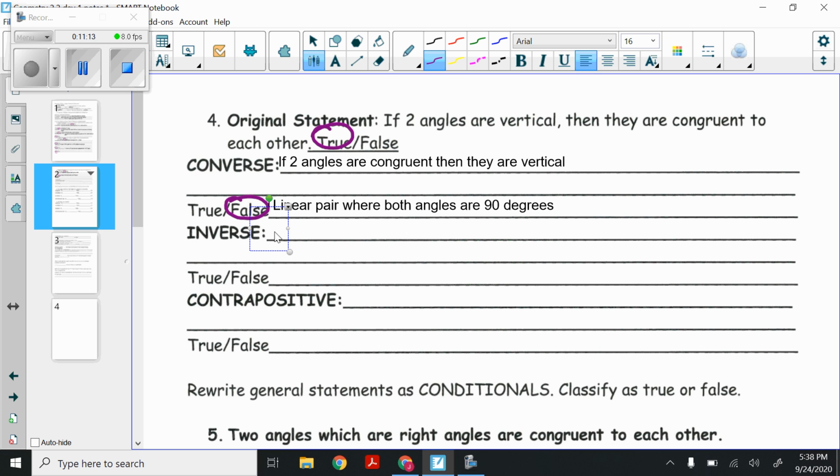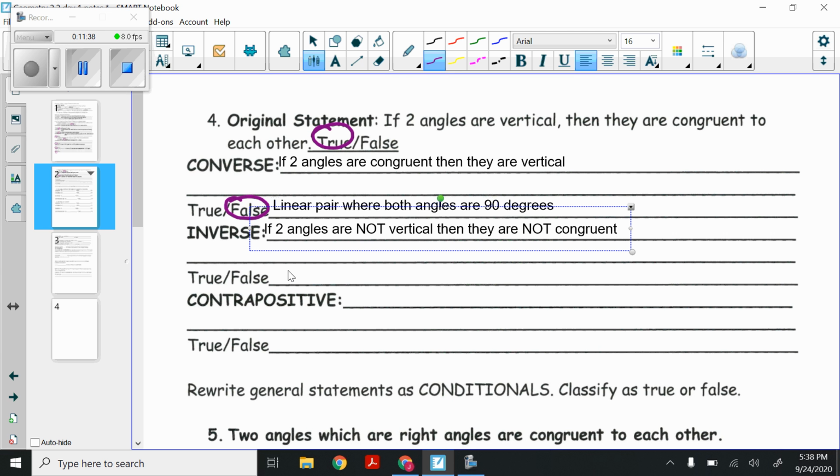So now we want to take the inverse of this. The inverse is going to say if two angles are not vertical, then they are not congruent. Remember, the inverse, we take the original statement and we put nots in it. So is that true or false? Okay.